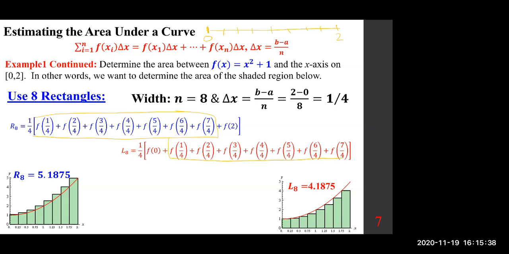So I hope you see if you calculate the first one, the second one really shouldn't be that difficult, and the area is between the two. Remember, previously it was between 3.75 and 5.75, and now it's much better.